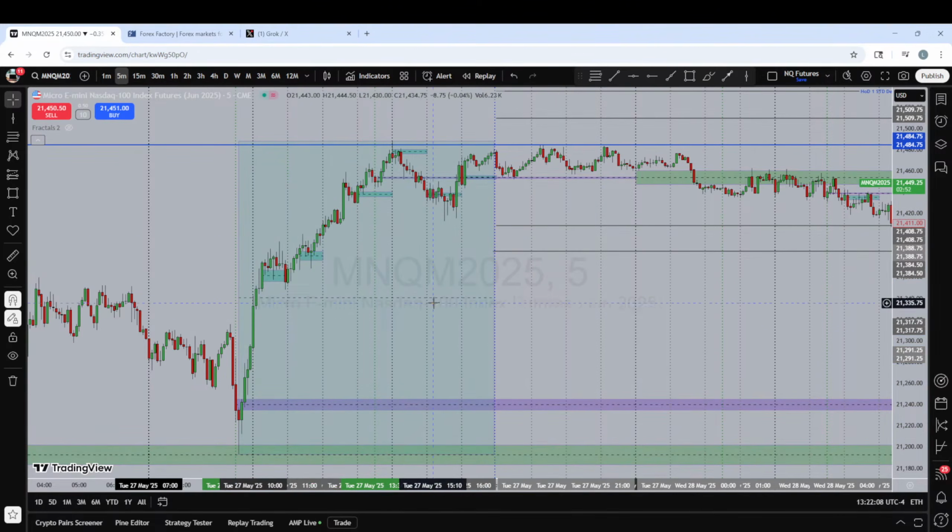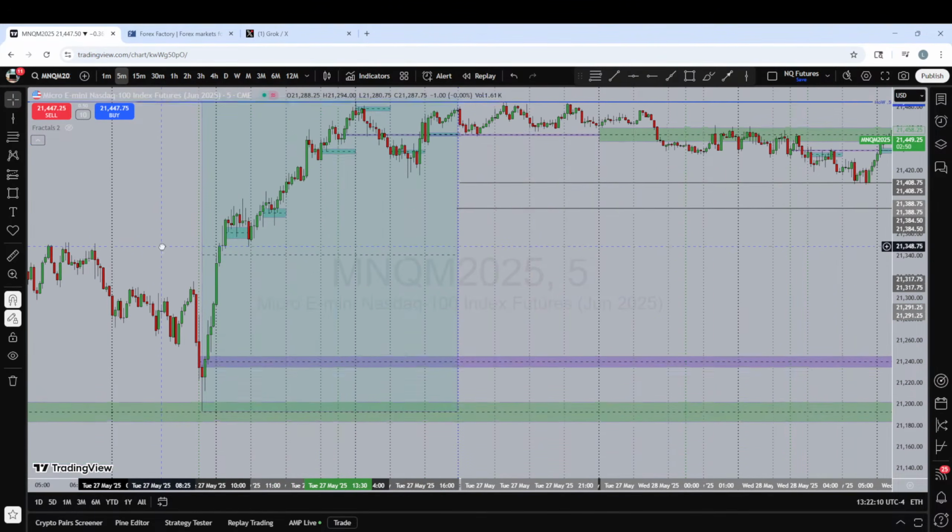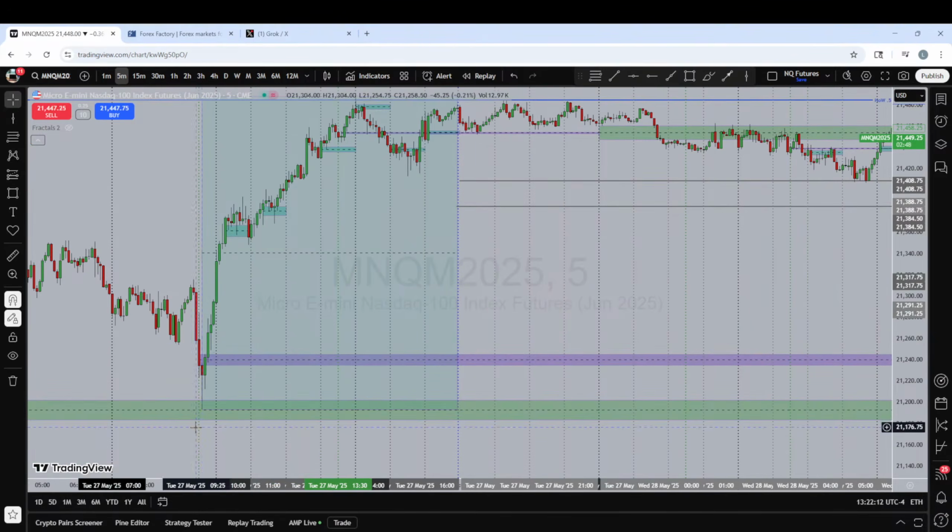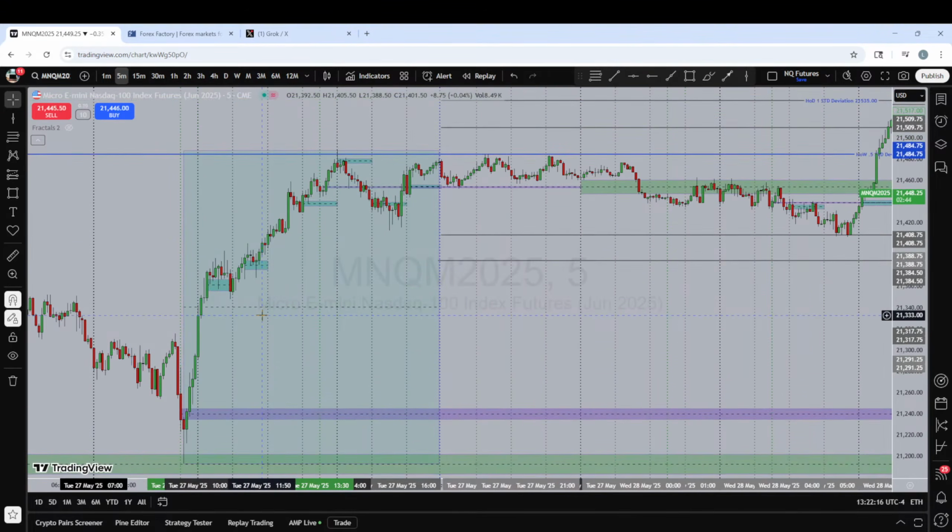Now, here's what happened. Market open, came down, and then it rallied. It's Tuesday after a holiday, and then it just took off. There is opportunity here if trading, for example, on the 5 minutes. There's a fair value gap there.